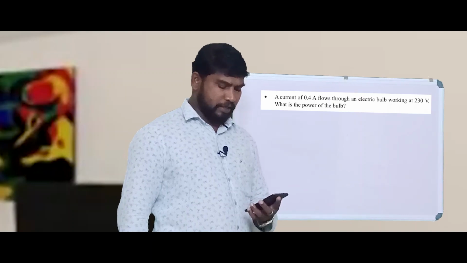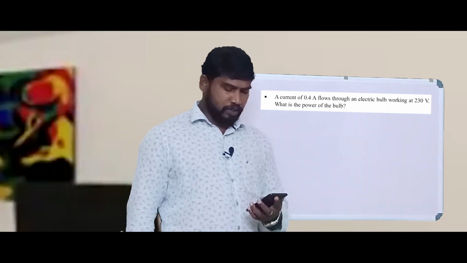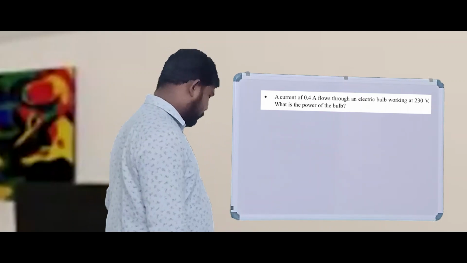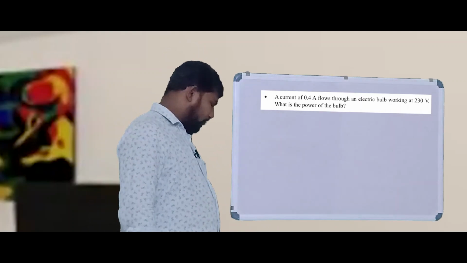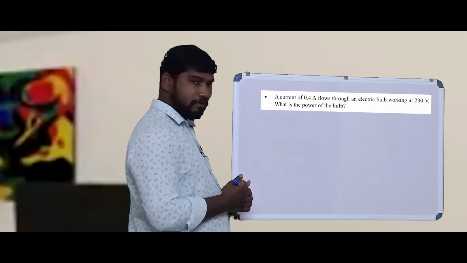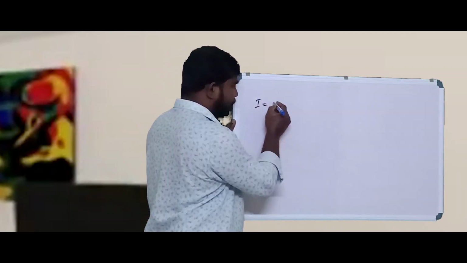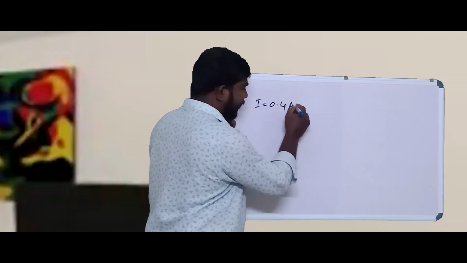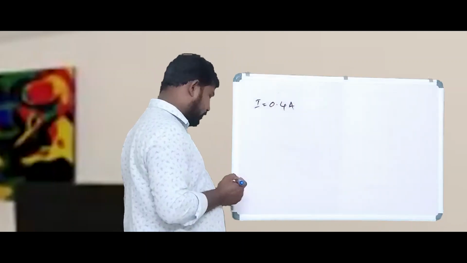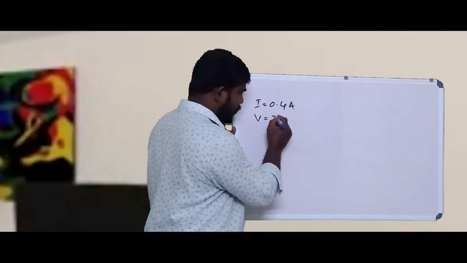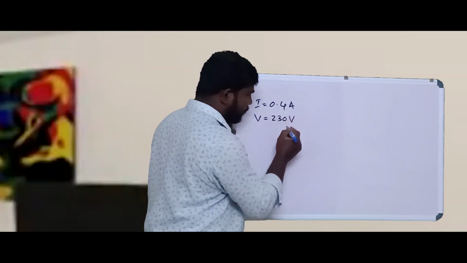What is the next question? A current of 0.4 ampere flows through an electric bulb working on 230 volt. What is the power of the bulb? So the current I is equal to 0.4 ampere, and the potential difference is equal to 230 volt.